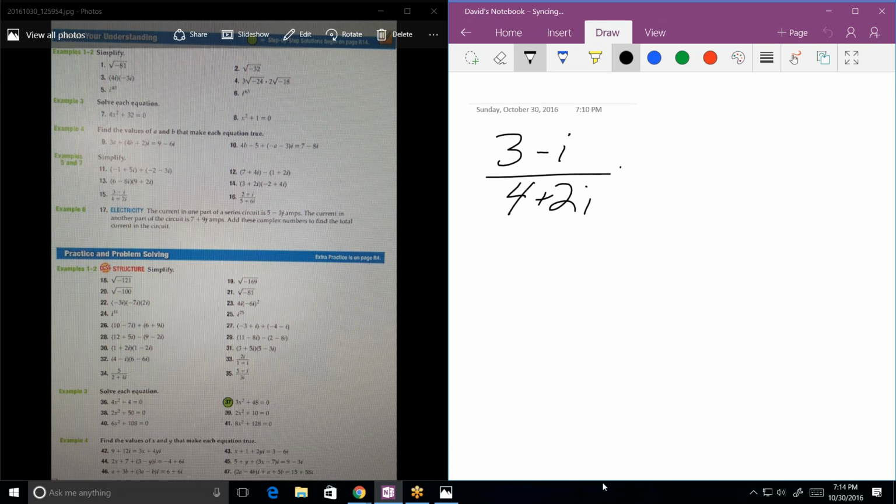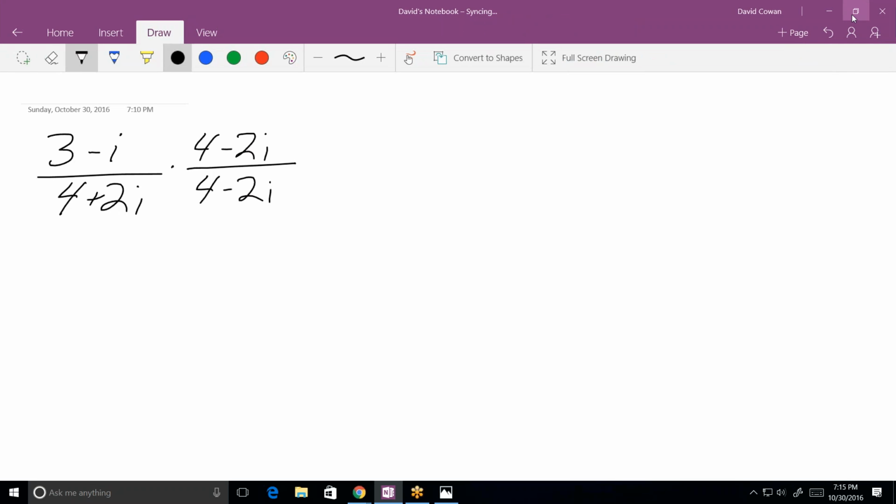The way we're going to solve this is we're going to multiply the top and bottom by the conjugate of the bottom, always. That's always the way we solve division problems with complex numbers.